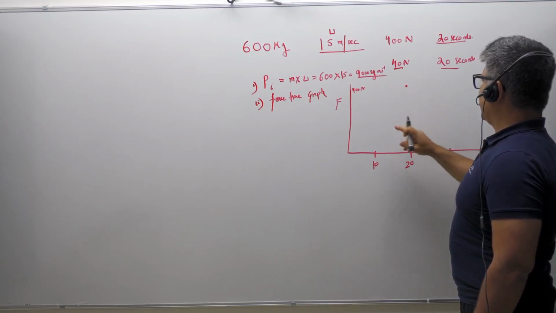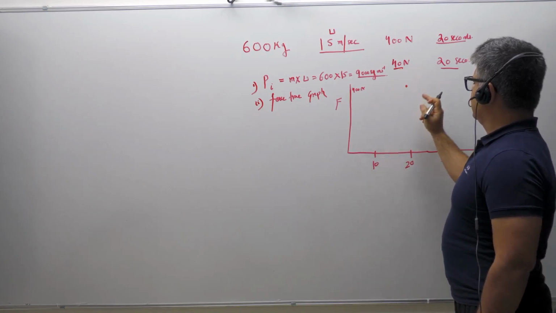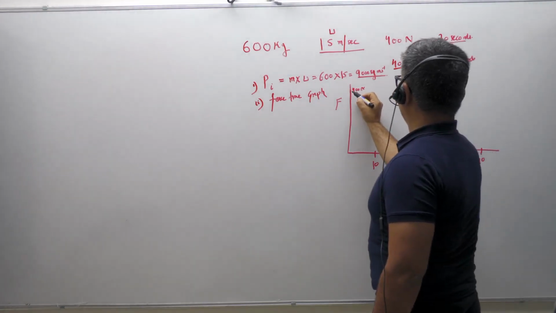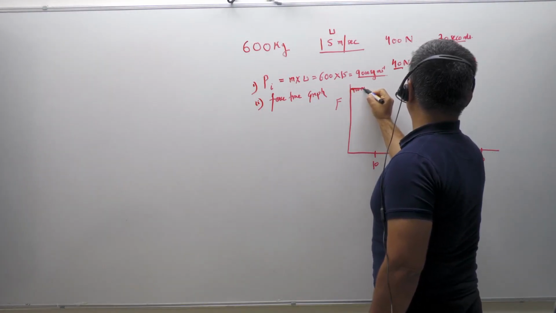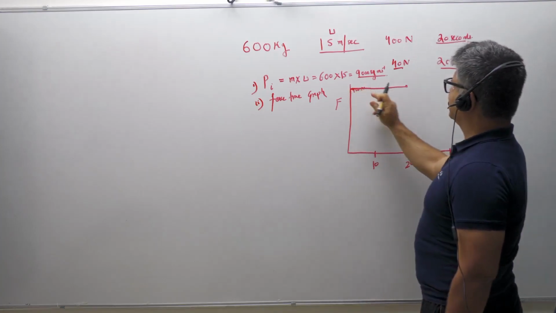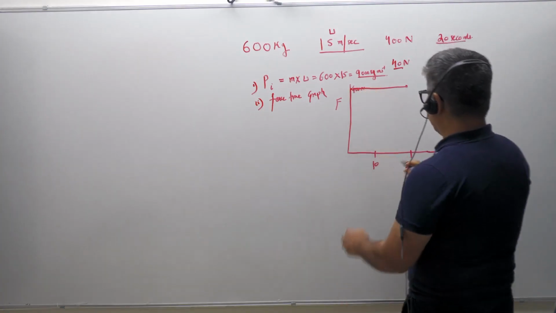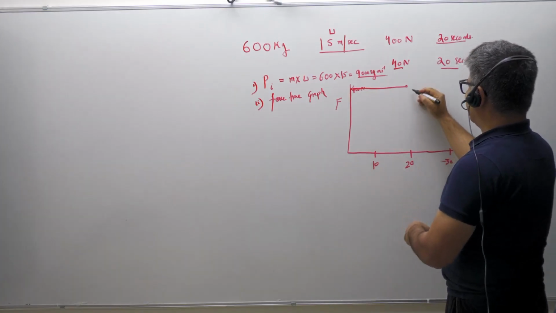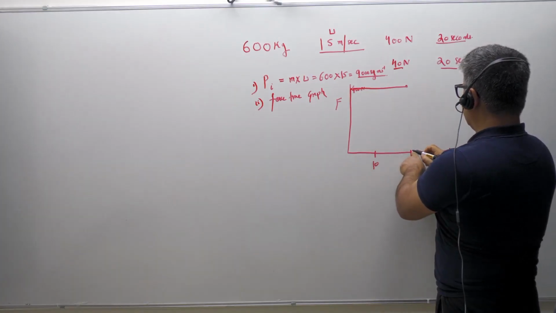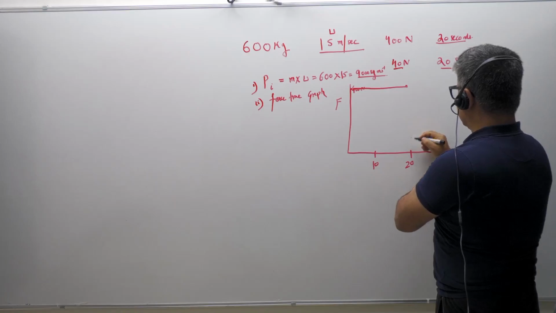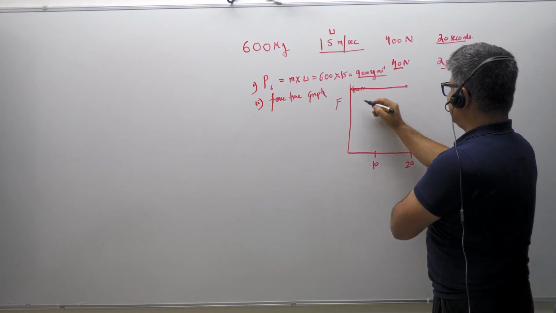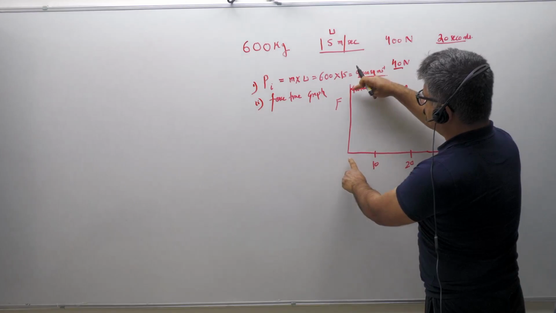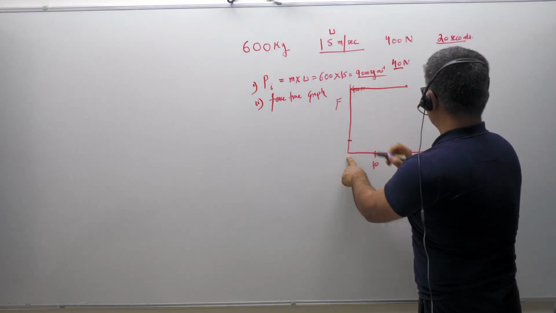And then you have applied 40 newtons. So this particular force, right? This remains constant throughout for a period of 20 seconds. And then it becomes 1/10. Okay, so from 20 seconds onwards, the force becomes 1/10. So assume this is 400 Newton. So 40 will reside somewhere here, right?